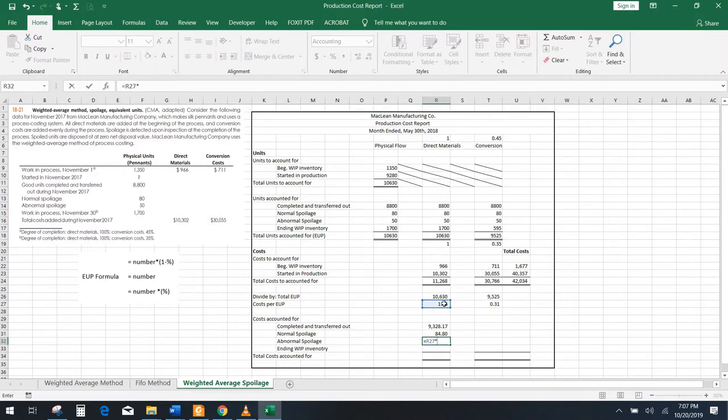Cost per EUP multiplied times abnormal spoilage.